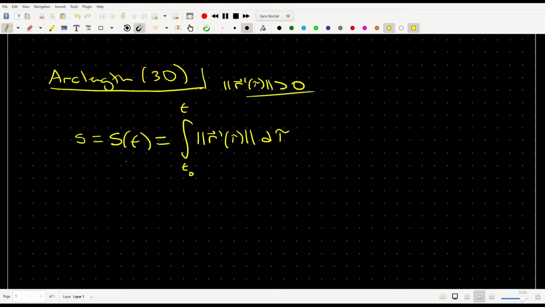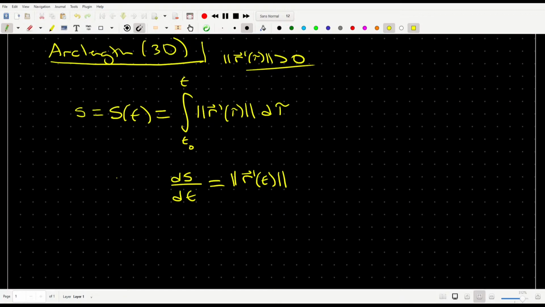And we can also say that the derivative of arc length will always be equal to the magnitude of the velocity vector at any parameter value t, the magnitude of this first derivative at any parameter t. So this is something that we saw in the last lecture that'll be very, very convenient to use in this lecture.